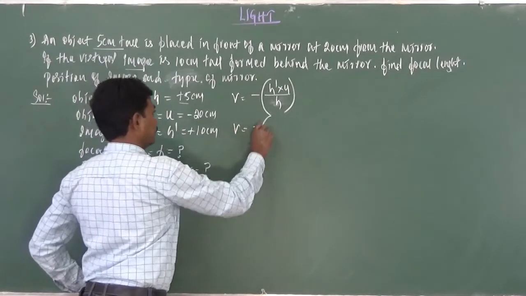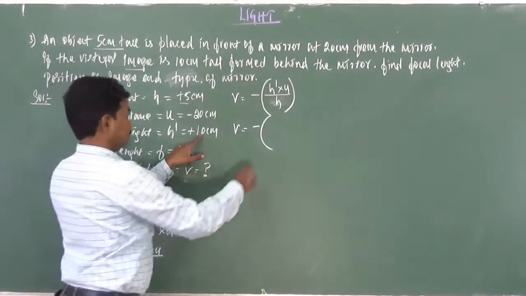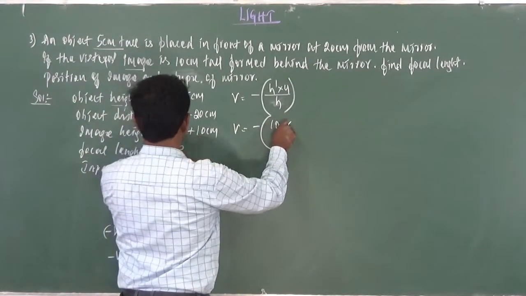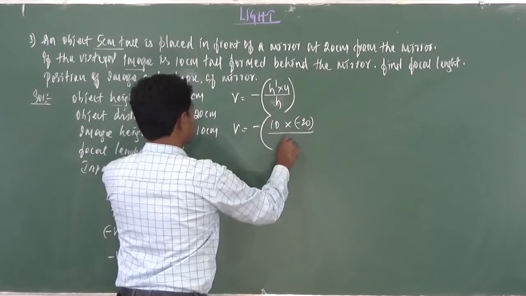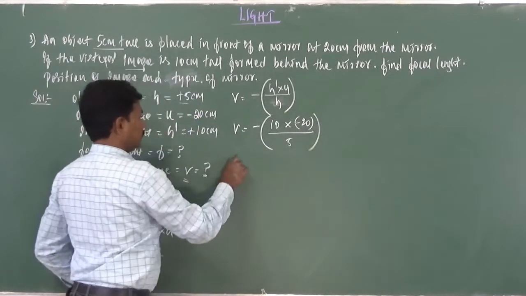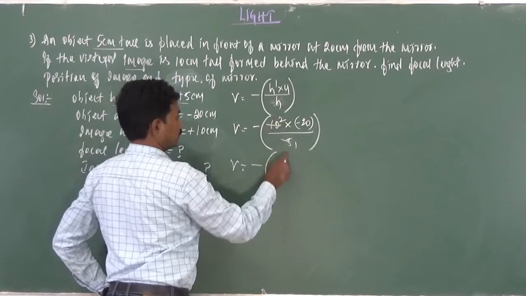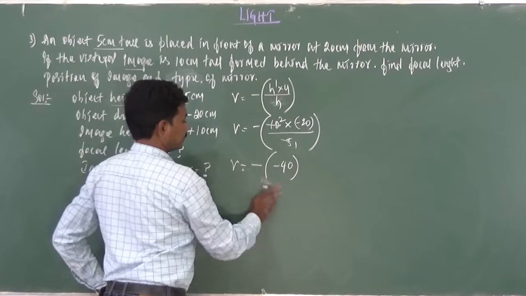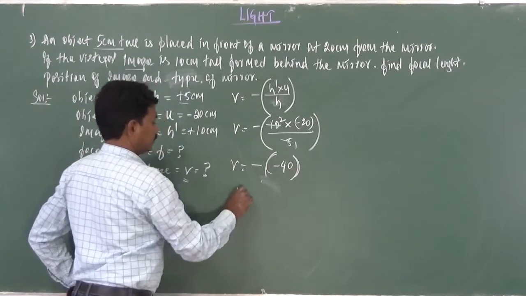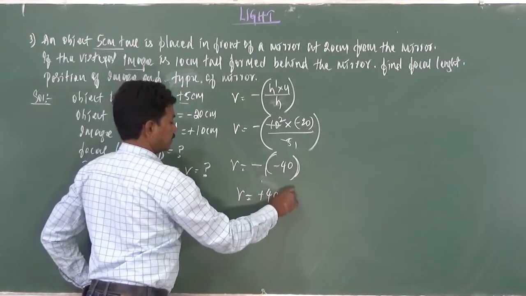So v is equal to minus of h dash value, that is 10, into u value, that is minus 20, by h value, that is 5. So v is equal to minus of 5 ones are 5, 2 into minus 20 is minus 40. Minus into minus is plus, so v is 40 centimeters.